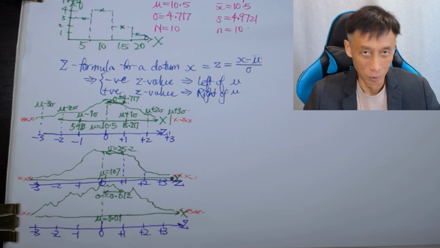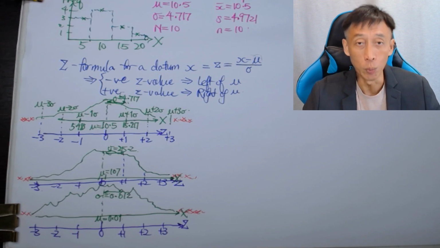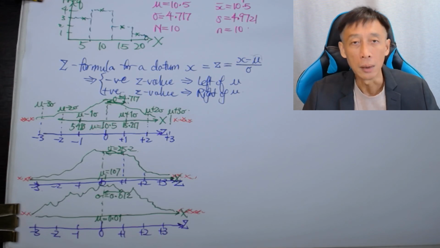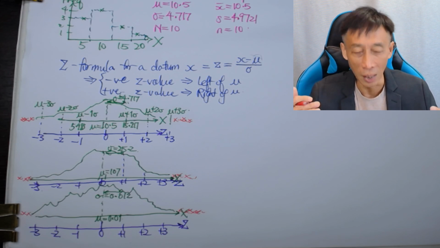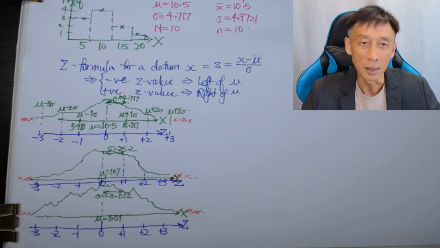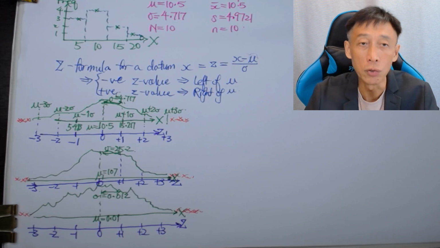And if you are more sensitive, you may even say beyond z equals ±2.5 is considered an outlier. But typically ±3 will be considered outliers. That means they are extremely large or extremely small, no matter what the scale and average your data is trying to show. So that's the usefulness of the z-graph.